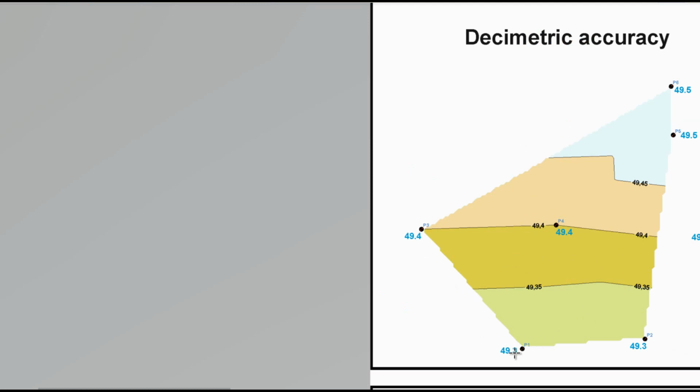As I said before, these 2 points have the same elevation in decimetric precision, 49.3, and those 2 points are connected by the same line. The same with these ones, they are 49.4 and they are also connected by the same line, and also these two are connected by the same line because it's the same elevation, 49.5, 49.5, right?